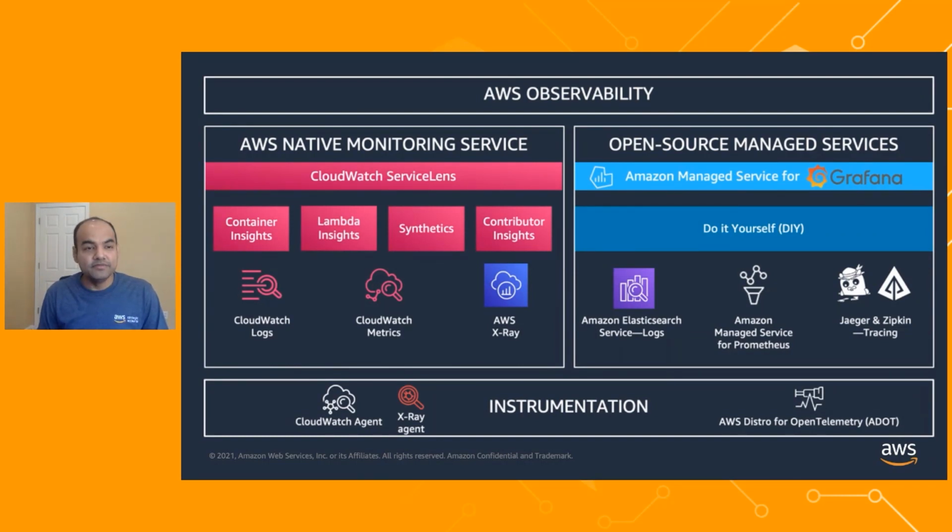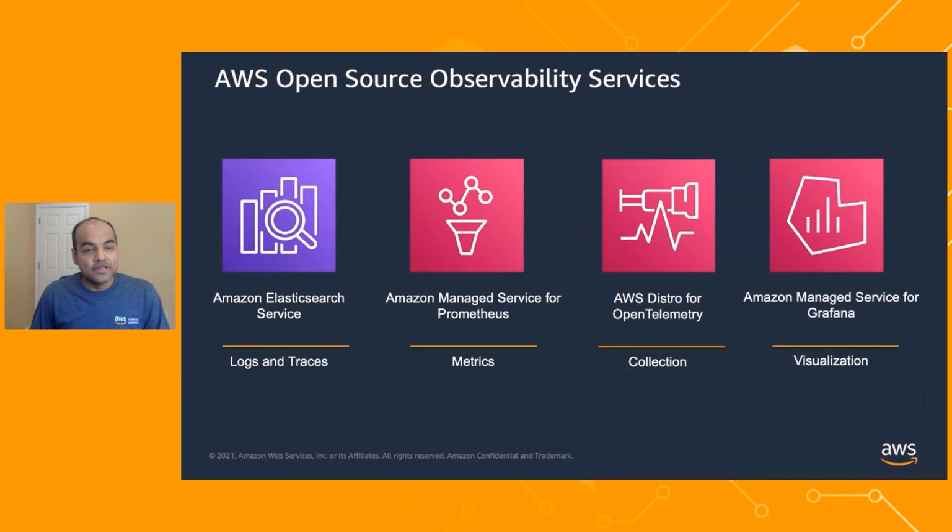So let's dive deep right into it. As I said, AWS is investing heavily in making open source observability services available to you as a managed service. Today, we have 4 selections. Amazon Elasticsearch Service, which can help you do log aggregation and traces. Managed Prometheus for metrics.